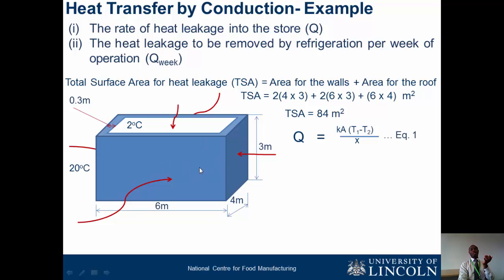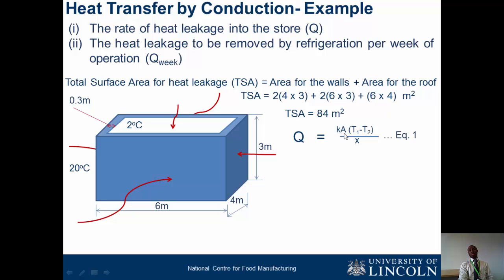We also have 2 of this, 3 times 6 multiplied by 2, and we also have the roof, which is 6 multiplied by 4. So that is how we got the total surface area for heat leakage. The total surface area for heat leakage is area for the walls plus area for the roof. For the walls, we have these two, this side, this and this. And for the roof, we have 6 multiplied by 4. So finally, we have our total surface area to be 84 meters squared.